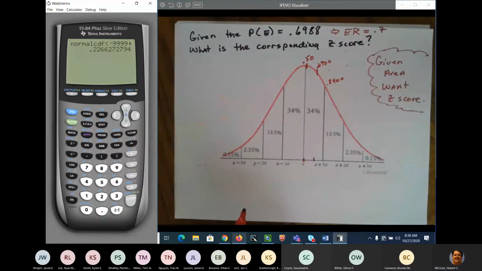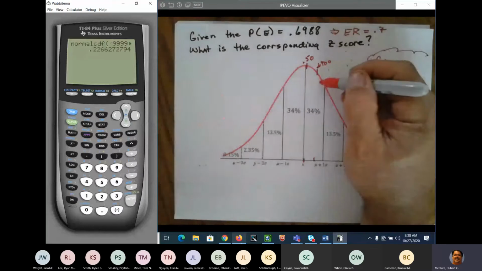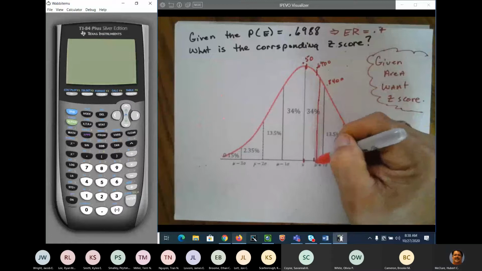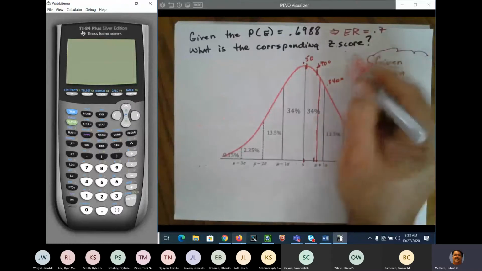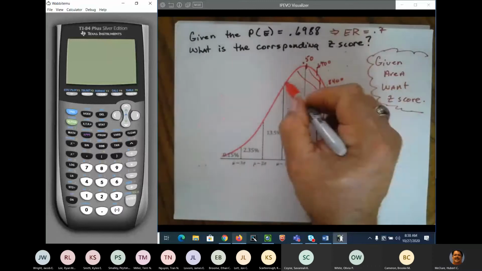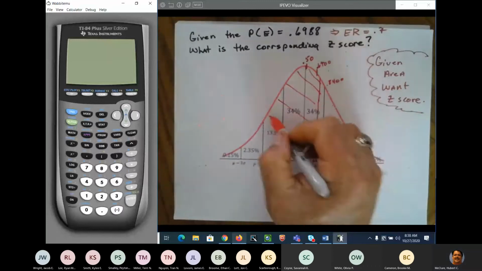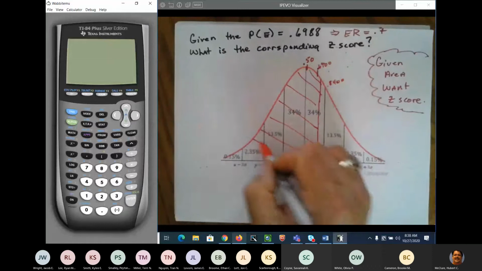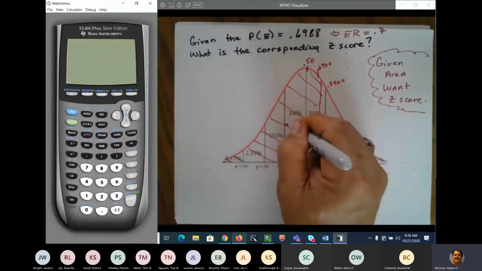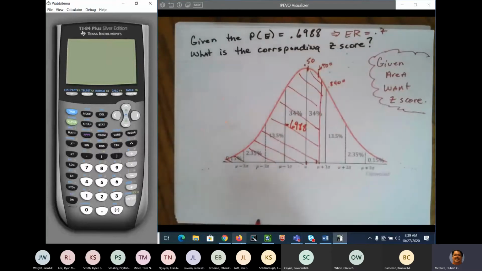So it looks like 0.7 is going to be somewhere in here, and that's this area right here, 0.6988.